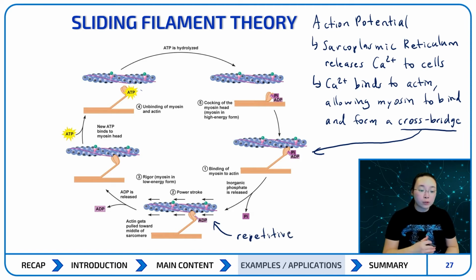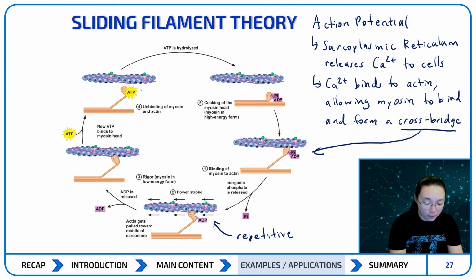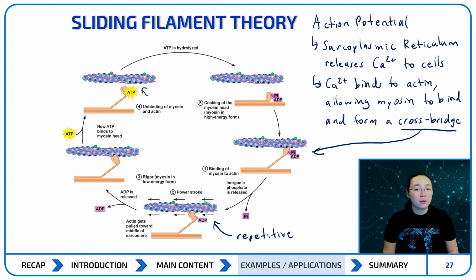So once the power stroke is done, myosin is then going to detach itself from actin, especially when another ATP molecule comes and binds to it. So you have over here, ATP coming in, binding with your myosin again, releasing myosin from the actin.